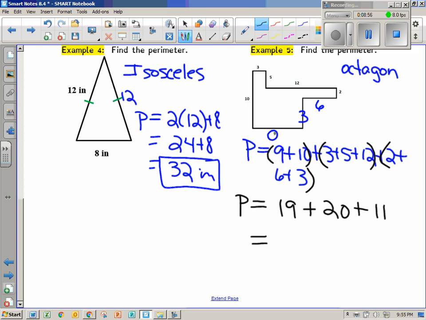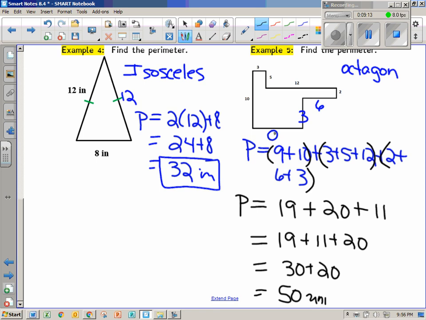So I might put my 19 and my 11 together, since that adds up to be 30, plus 20 is 50, and now there's no units given here. When there's no units given, you would just write the word units.